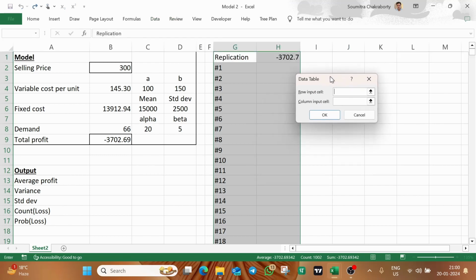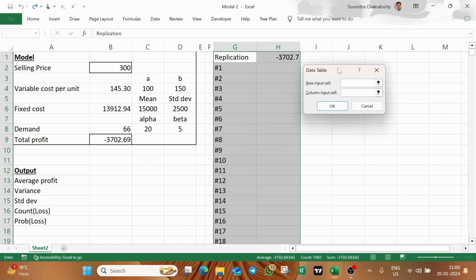Okay, so now what we will do is, you see here there are two inputs. One is the row input cell, another one is the column input cell. So do we have any row input here? We only have columns here. So we are not extending this table towards this direction. So we don't have any row input cell.